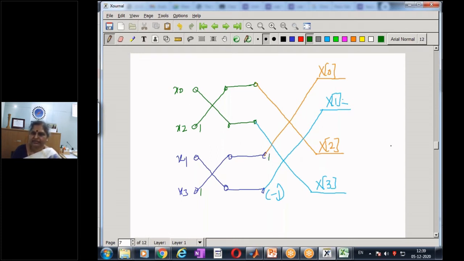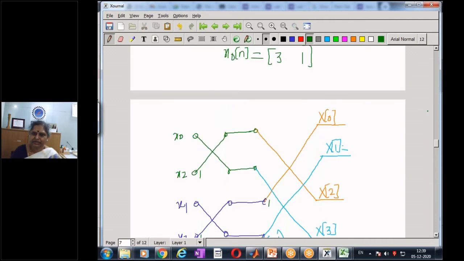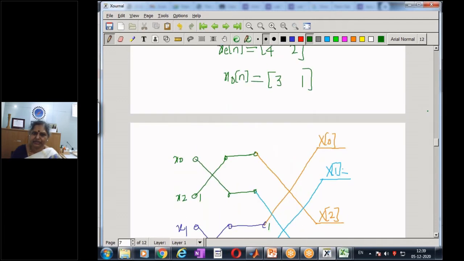So now in our example, what is xe of 0? 4 and 2.